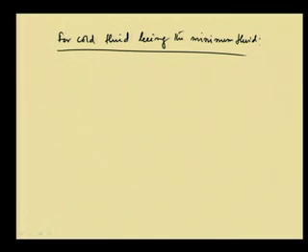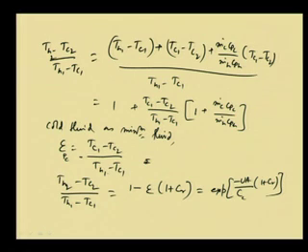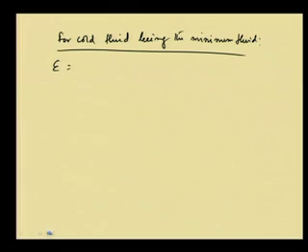So for cold fluid being the minimum fluid, what we will have is that effectiveness factor will be equal to, as we have already seen, for cold fluid as the minimum fluid, effectiveness factor is Tc2 minus Tc1 by Th1 minus Tc1.